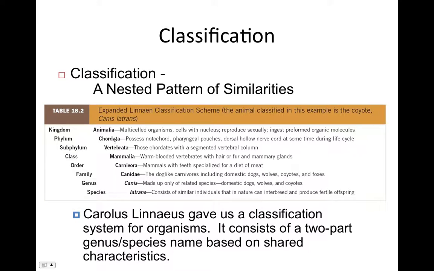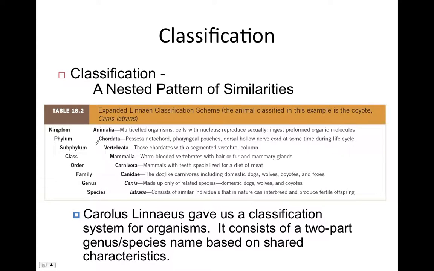Then there's a subphylum of chordates called Vertebrata. These are all chordates in which the notochord is surrounded by segmented bones, vertebrae, that form a vertebral column, or what we also know as a spine. So most chordates are vertebrates.